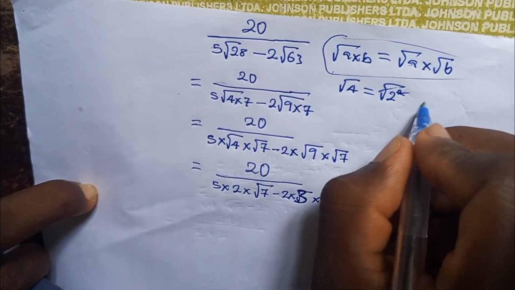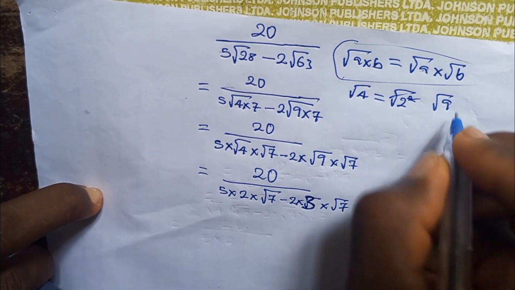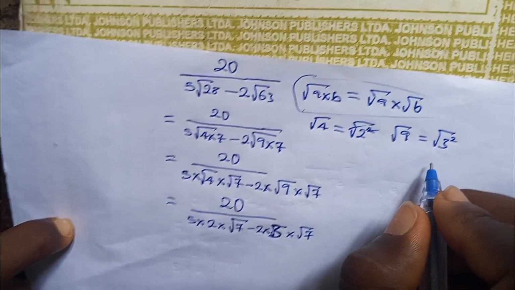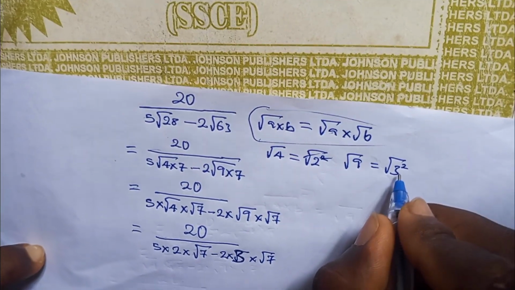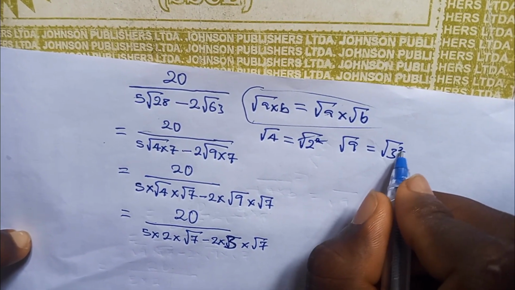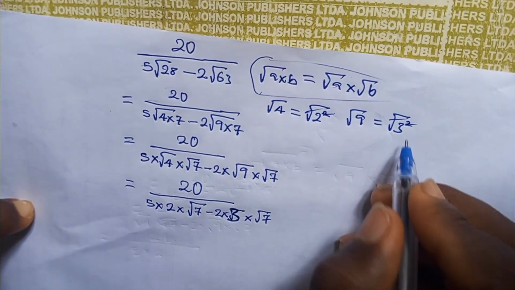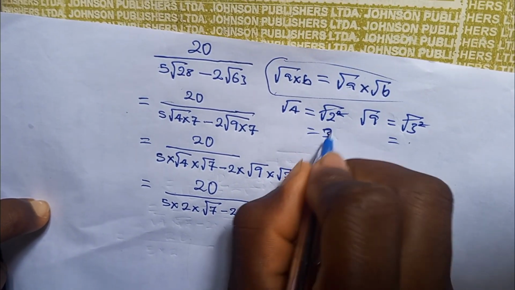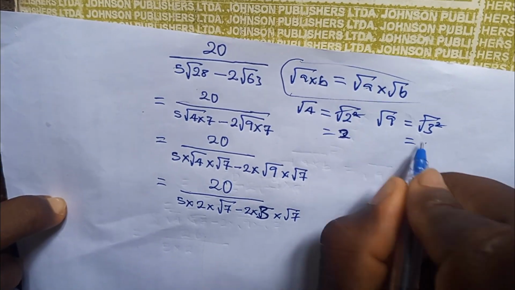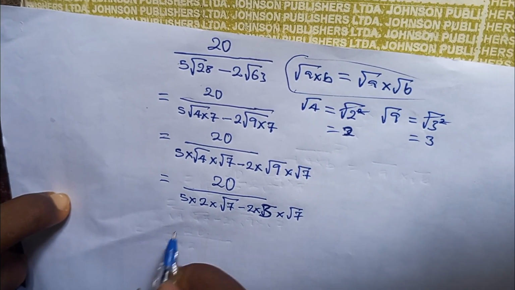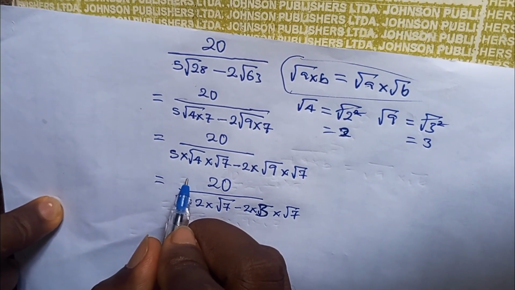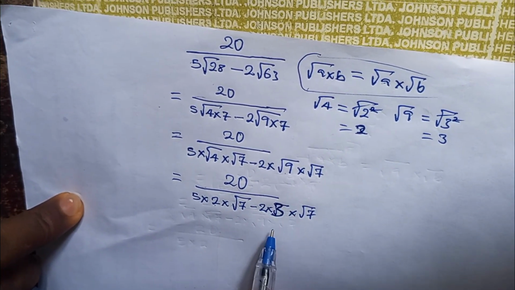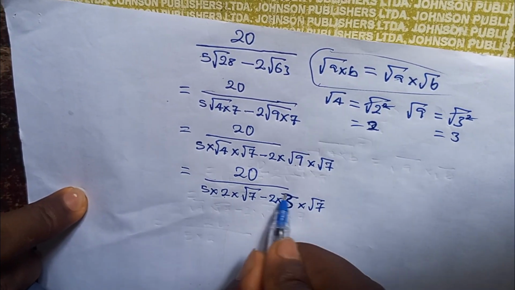And same thing with root 9, which is equals to the root of 3 squared. 3 to the power of 2 is 9, so the square cancels out. That's why we have root 4 to be 2 and root 9 to be 3. Hope you see that clear.